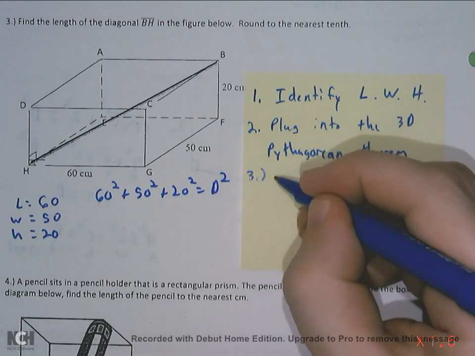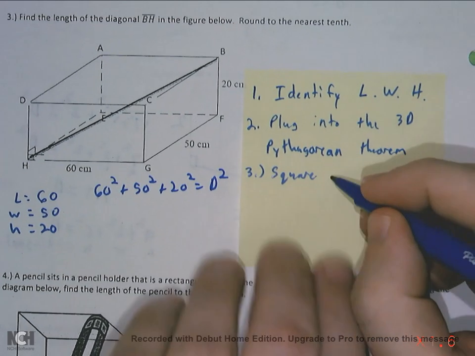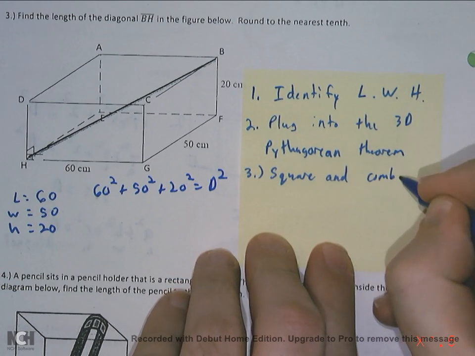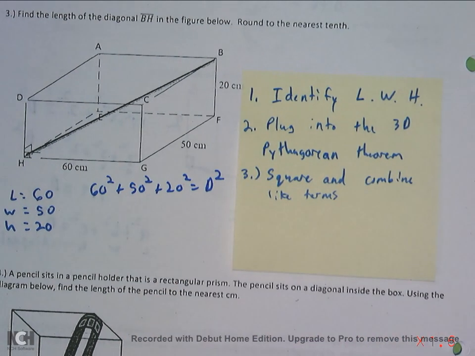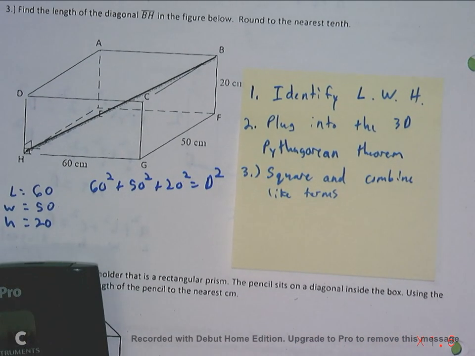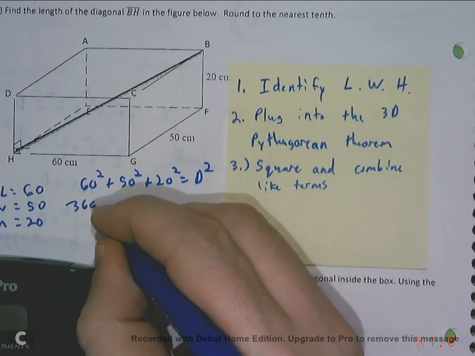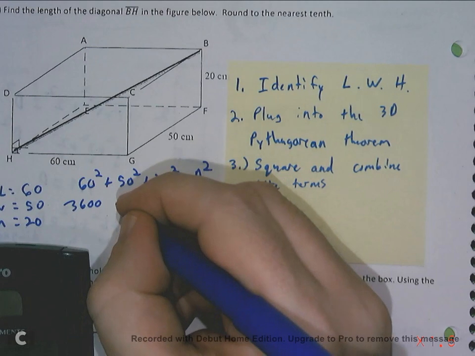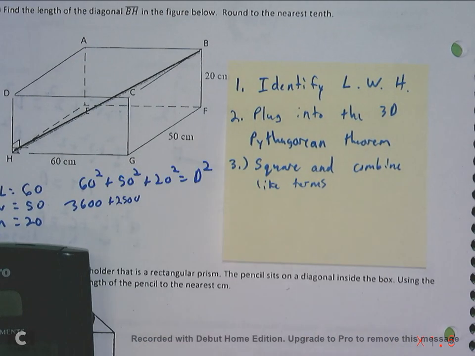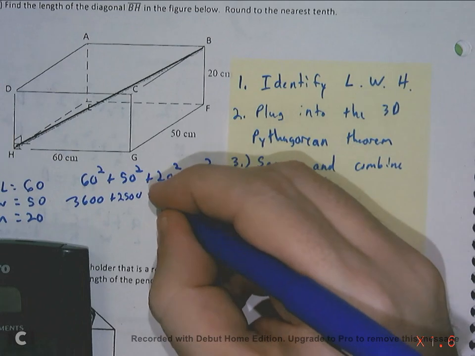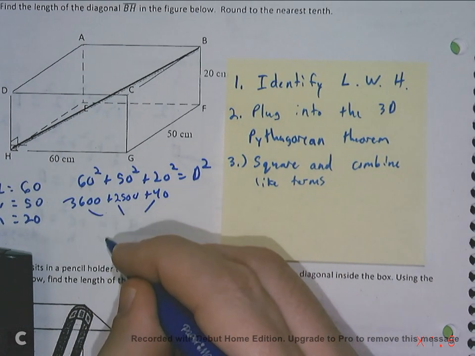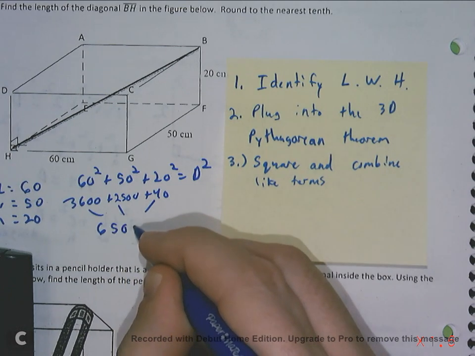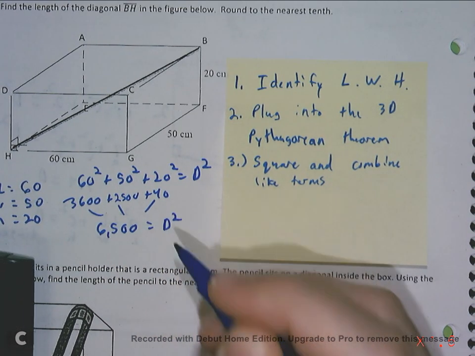Next step would be to square and combine like terms. 60 squared is 3,600. 50 squared is 2,500. And then 20 squared is 400. Combine those, and you are going to get 6,500 equals the diagonal squared.